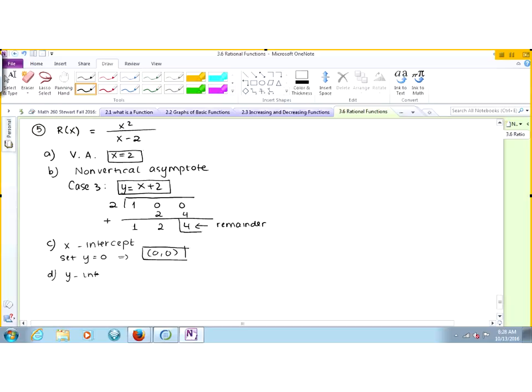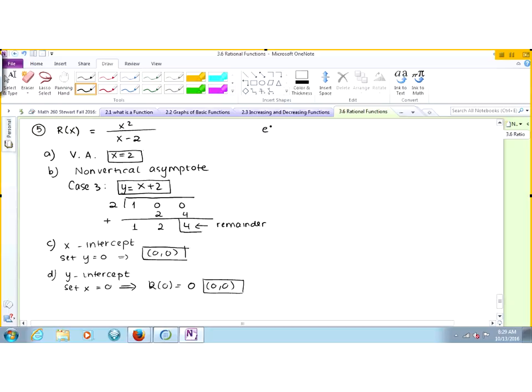Well, the y-intercept will be (0, 0) also, right? So set x equal to 0. So f of 0 is 0 out of 0, which is equal to 0. All right, so this is (0, 0) also.